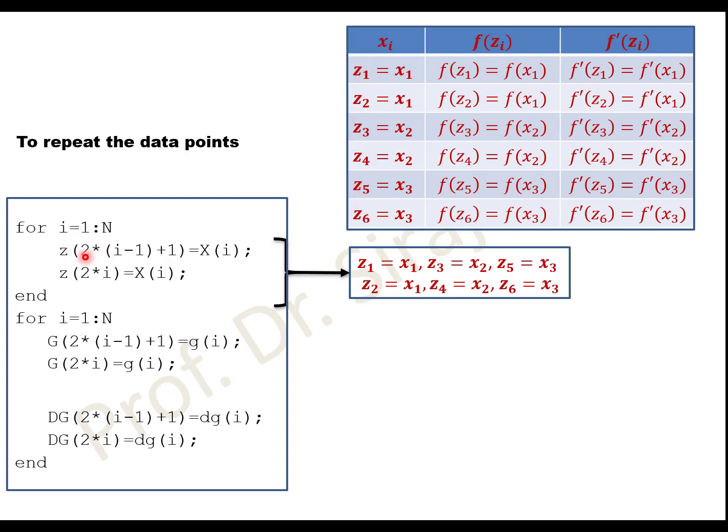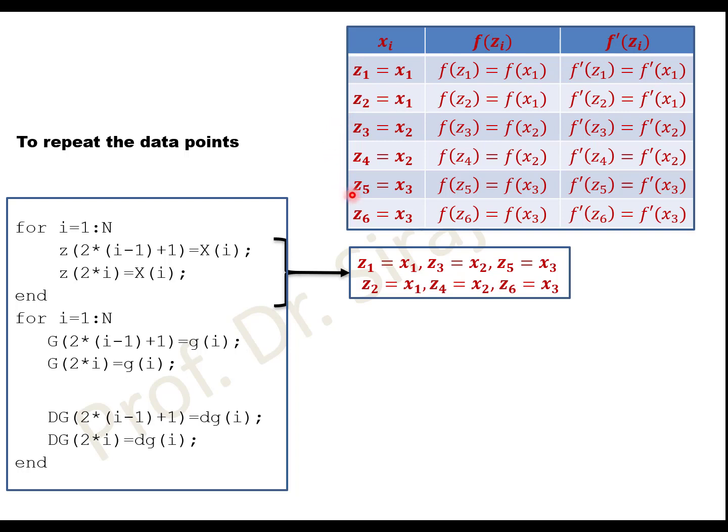So when i is equal to 1, this is 0, z1 is equal to x1. Yes, I agree with that. i is equal to 2, so 2 minus 1, this is 2 plus 1, z3 is equal to x2. Yes, I agree with that. i is equal to 3, so 3 minus 1 is 2, times 2 is 4, plus 1, 5, z5 is equal to x3. Yes, we agree with that. So we computed this value and this value.